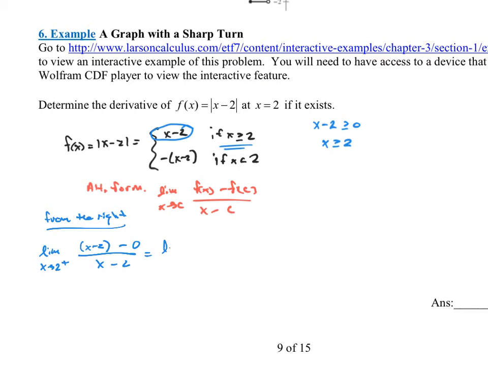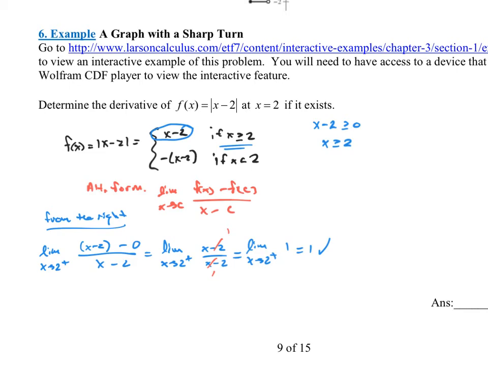Well, in this case, this is the limit as x approaches 2 from the right of x minus 2 over x minus 2, which is quite simply the limit as x approaches 2 from the right of 1, because those simplify, right? And the limit of a constant is a constant, so that would be 1. So the derivative from the right is the number 1.